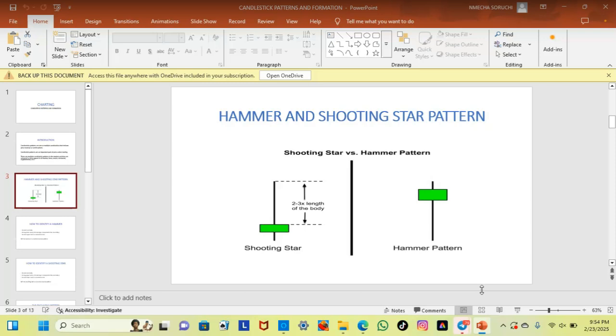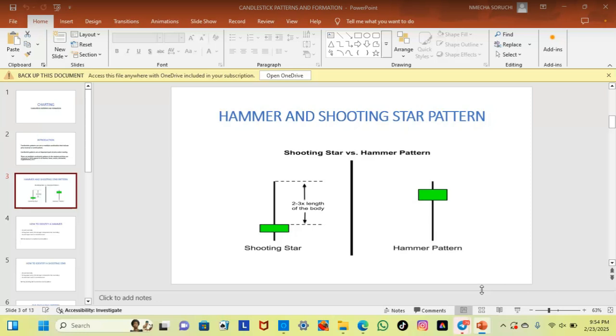Let's continue. The first one we'll be looking at is the hammer and the shooting star pattern. If you look at it very well, you see that these two patterns are alike, but one is the opposite of the other.